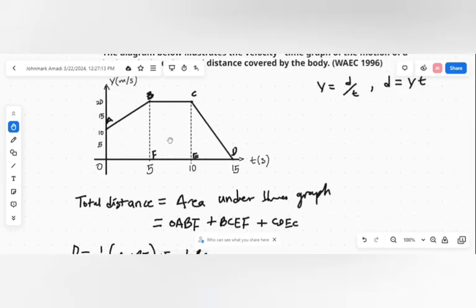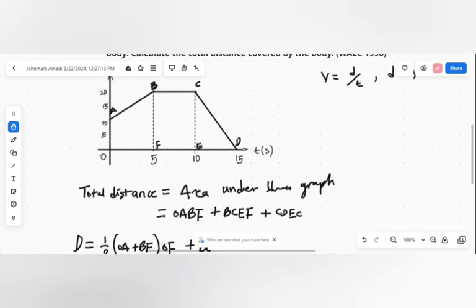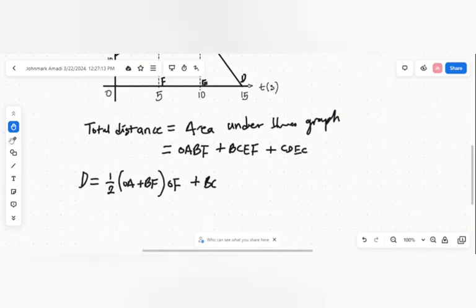CE. That's how to get the area of a square or a rectangle: length times breadth, or breadth times length. BC times CE.